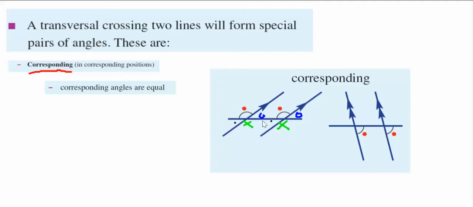They're corresponding. It's basically the same angle in a different location because the line's in a different spot. The special thing about corresponding angles is that they are always equal. If this angle here was 120 degrees, this angle is 120 degrees. If this angle is 30, this angle is 30, and so on. So that's corresponding.